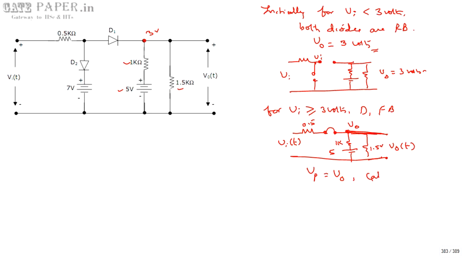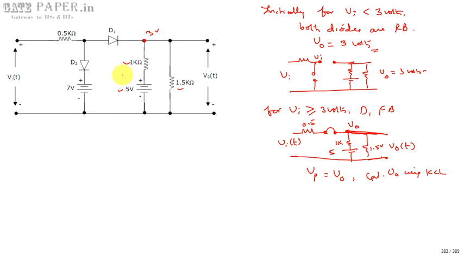Now we calculate the relation between V0 and Vi using KCL. Whenever the diode is forward biased, V0 of t depends on Vi of t. As Vi of t increases, V0 changes. The relationship between V0 and Vi can be obtained by using KCL.